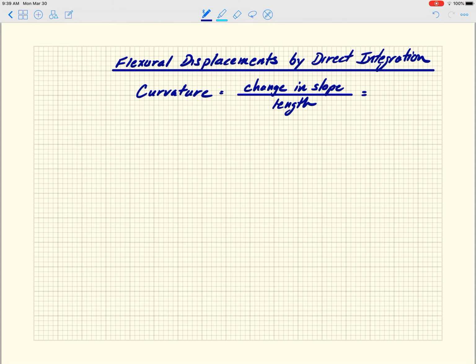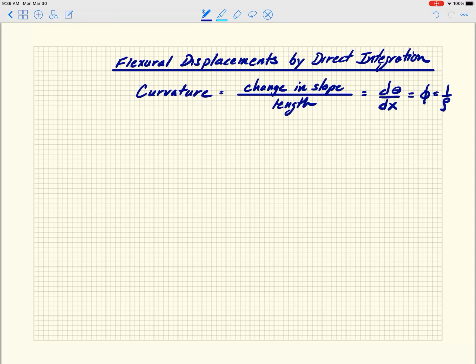And we said that equals the change in slope per the change in length, right? d theta dx. And we said that equals what we refer to as curvature. It also equals 1 over rho, right, where rho is the radius of curvature.